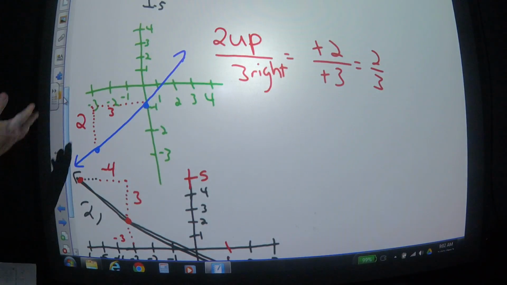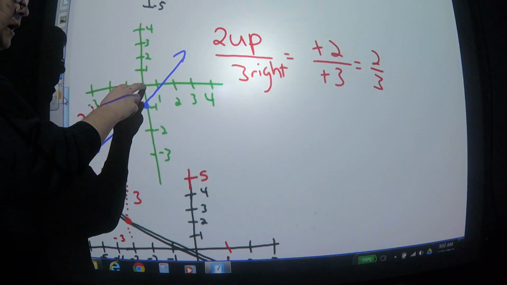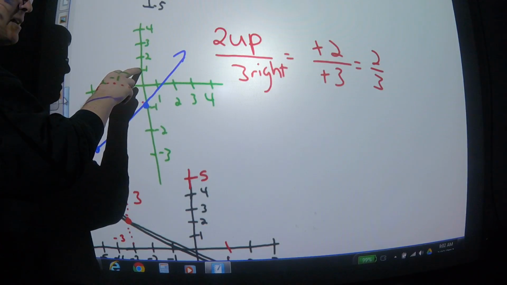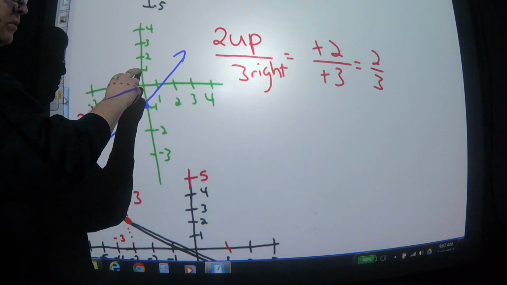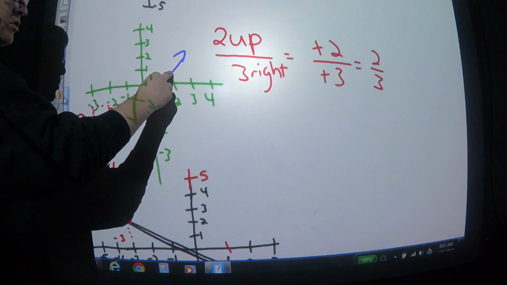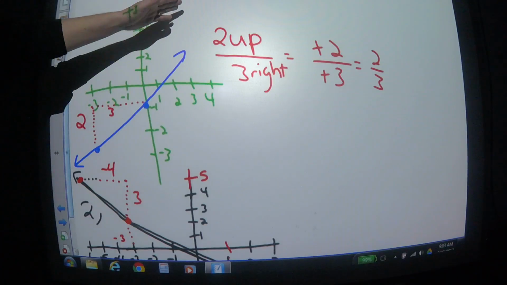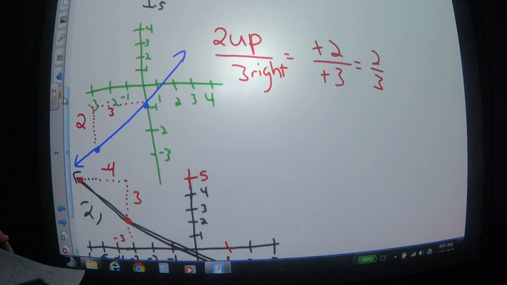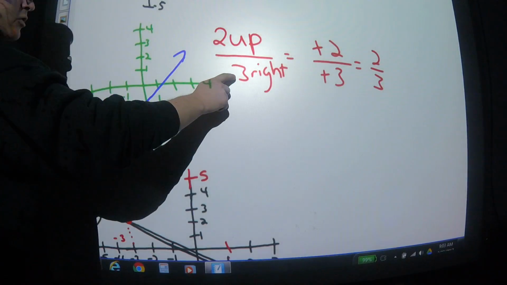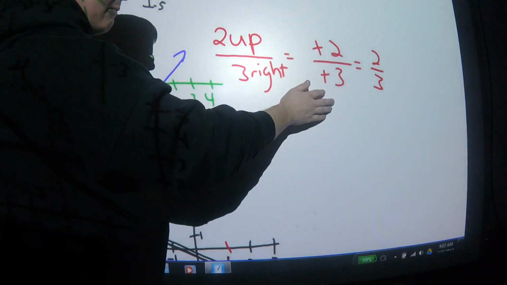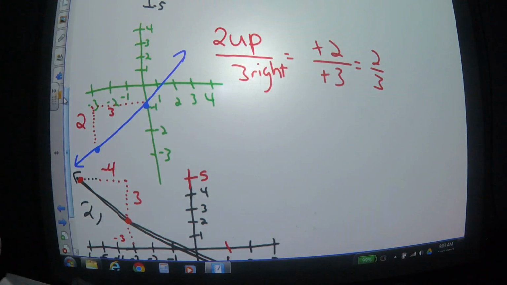The next point on the line would be 1 on the y, then over 1, 2, 3, so it would be (3, 1) using the slope 2/3. We went up 2 and to the right 3, so we're going positive both ways. So we have a positive slope of 2 over 3.